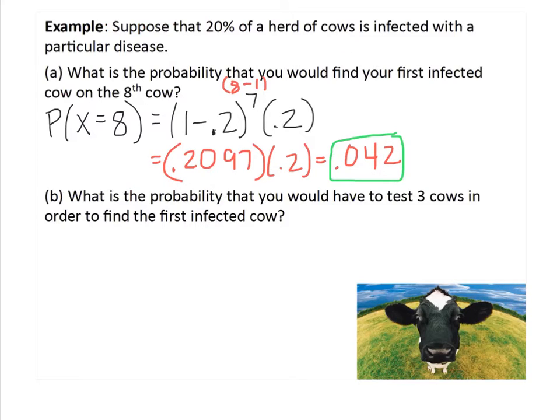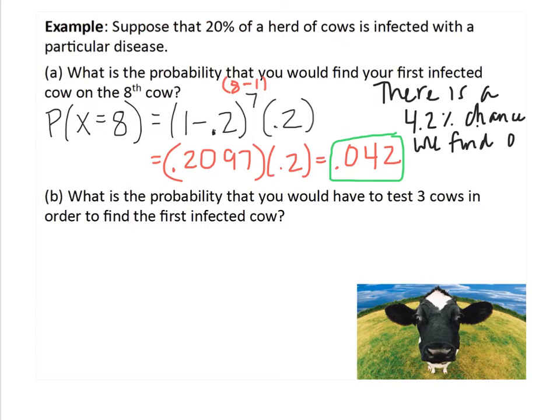Or, in more simple language, there is a 4.2% chance we find our first infected cow on the 8th trial. That would be a complete answer for A.